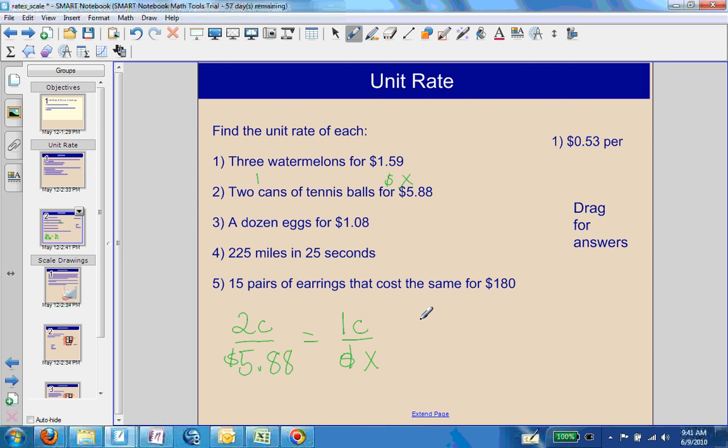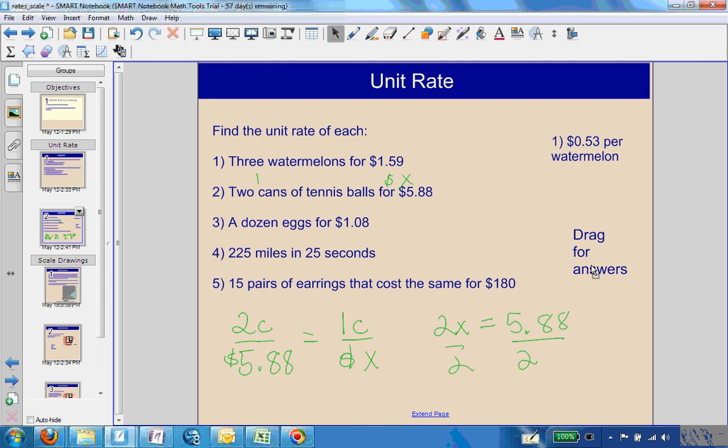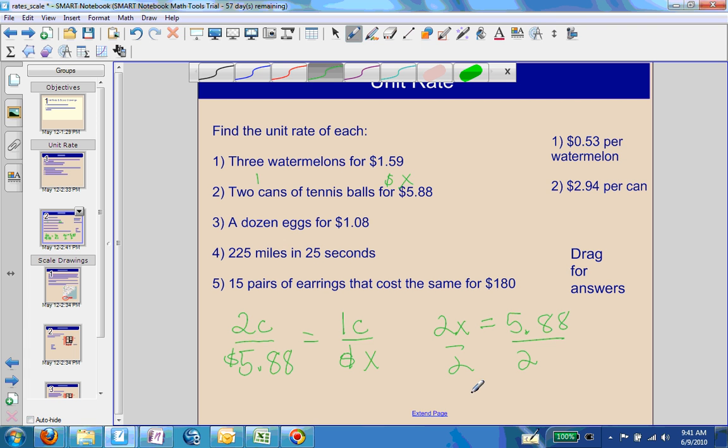So we can cross multiply. We get 2x equals $5.88, and divide both sides by 2. And when we do that, we're going to find that the answer is $2.94 per can.